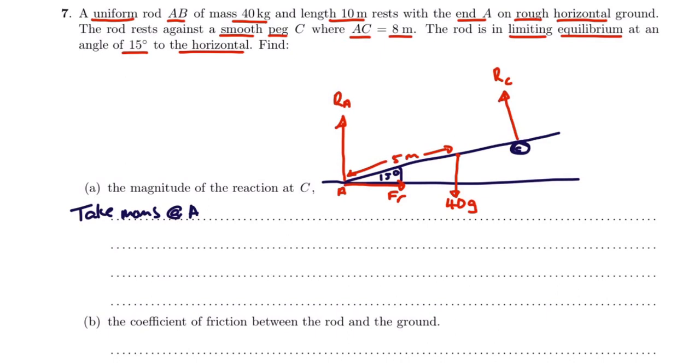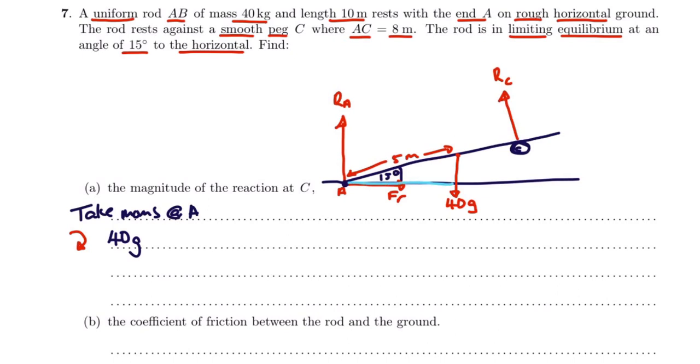I'm first of all going to deal with the weight, the 40g. That will be trying to turn the system clockwise. So the weight is 40g, and the perpendicular distance of the line of action of that force to the turning point, which of course is at A, I'm going to show in the little blue line.